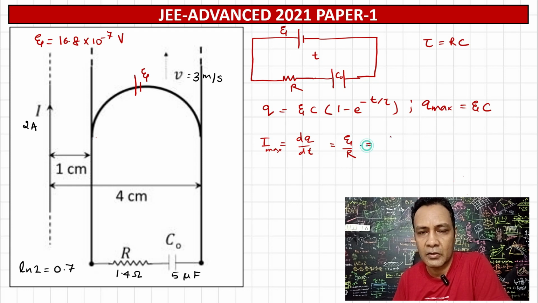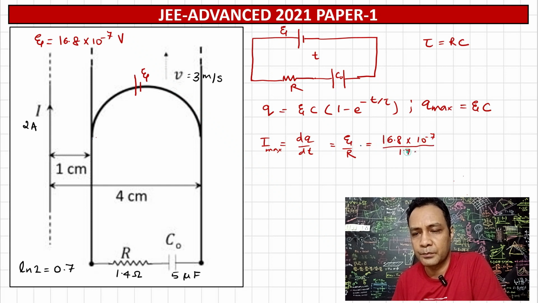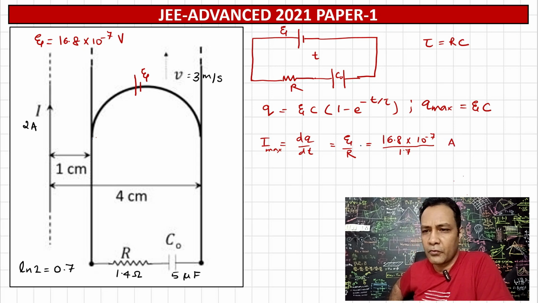So I max that we had calculated, this is 16.8 into 10 to the power minus 7 divided by 1.4, and this is in ampere. So if you divide, this is not 1.7, this is actually 1.4.